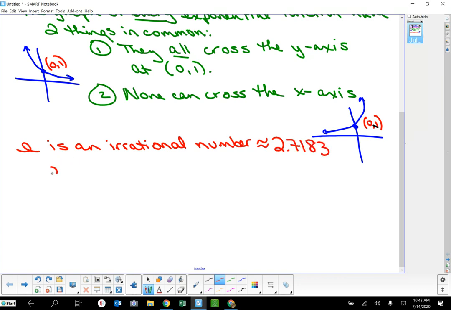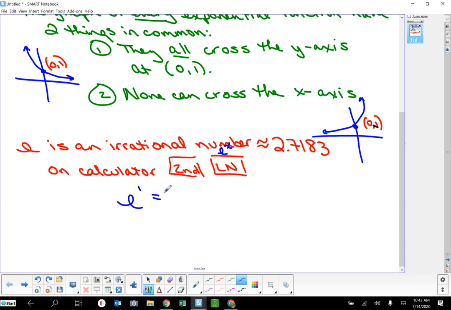On your calculator, if you hit second and then the LN button, that gets you the e. Above your LN, you see e to the x. If you type in e to the first power, it would tell you 2.7183 and it would just keep on going.